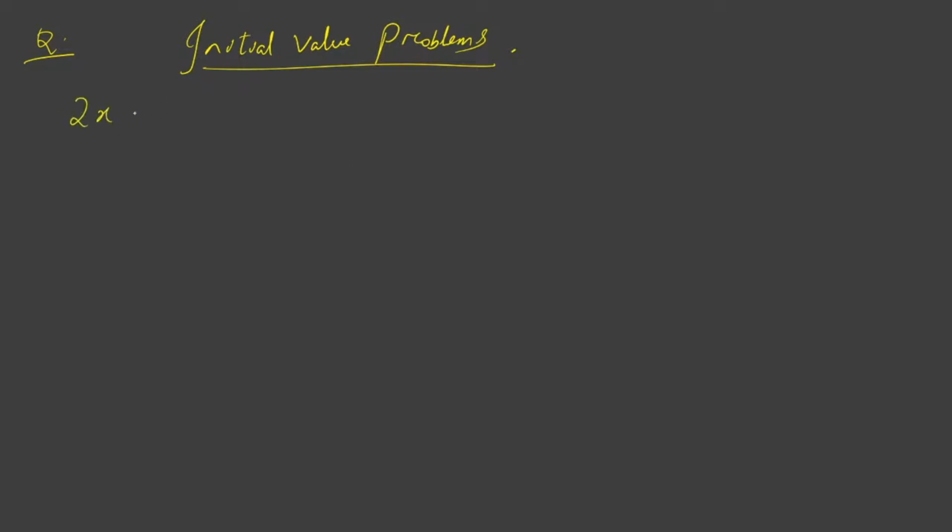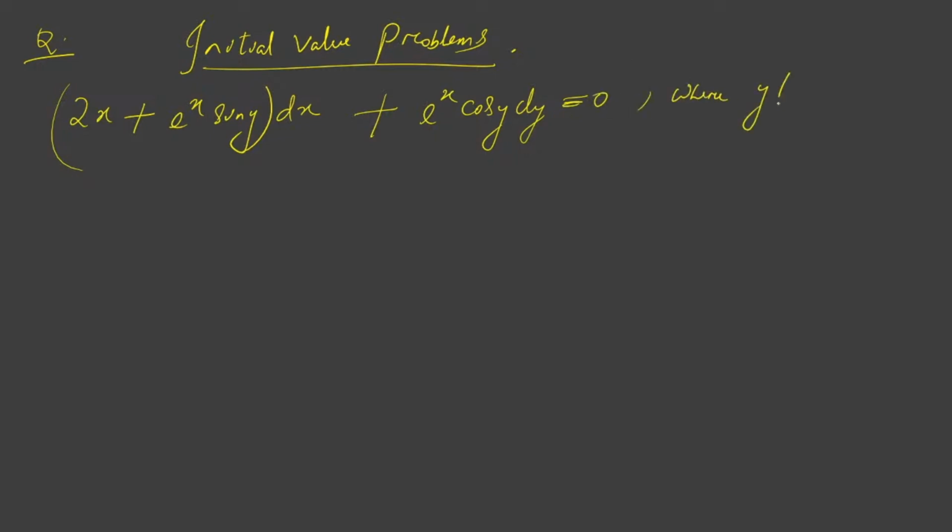So we can write like this: (2x plus e to the power x sin y) dx plus e to the power x cos y dy is equal to 0, where y of 0 is equal to pi by 2. These are the given initial parameters. We have to find out the constant of integration.